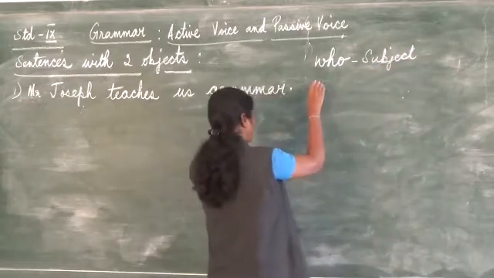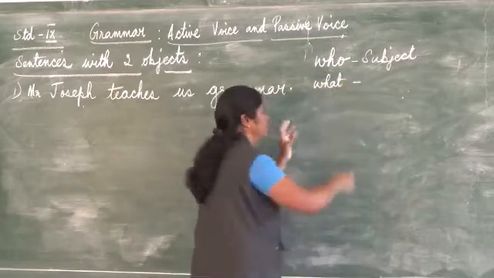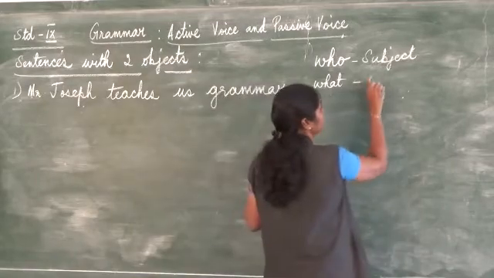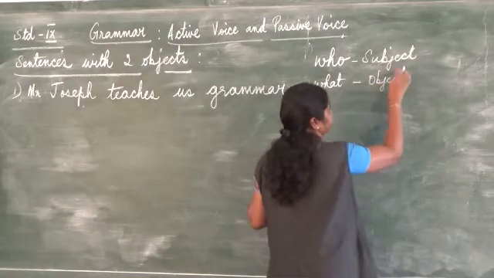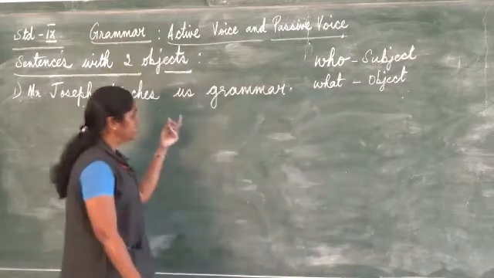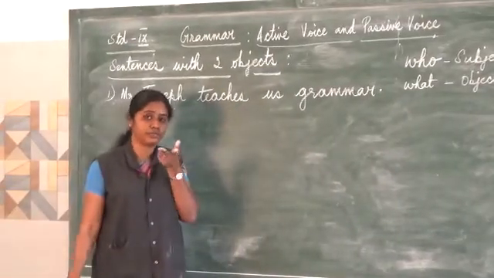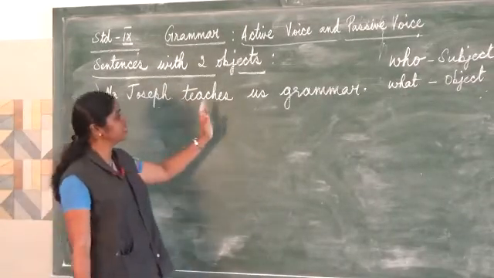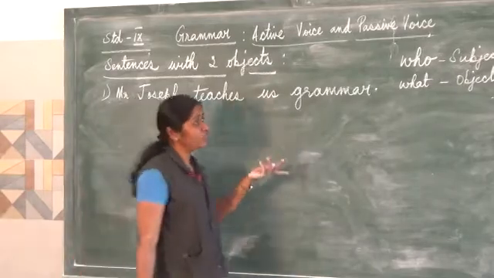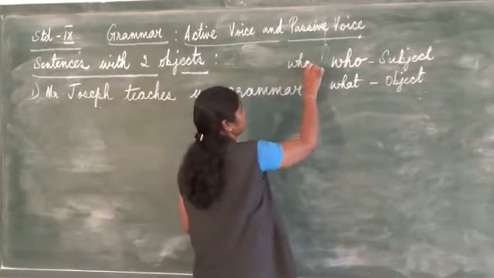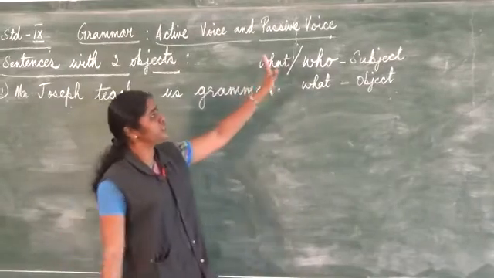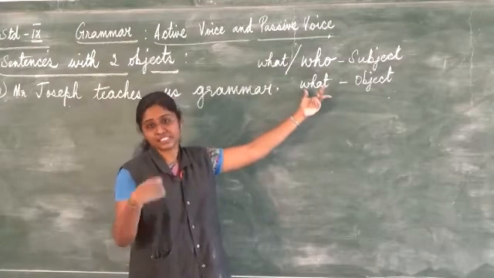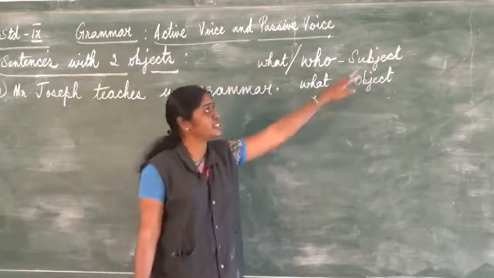Then this other question word, you can use to identify the object of the given sentence. Clear? Now, in case in a sentence you have two objects, what can you do there? For example, "Mr. Joseph teaches us grammar." See, even "what" can be used for the subject also. But the only difference is, this "what" will be doing the action, this "what" will be receiving the action. That is one main difference between subject and object.